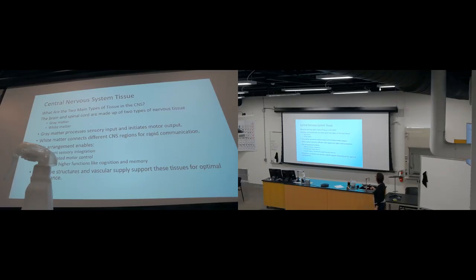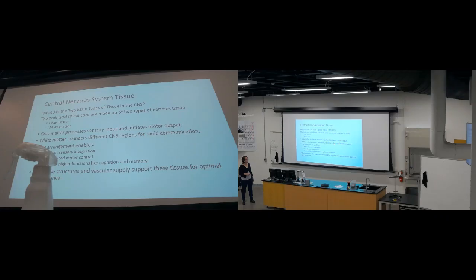So a function of the gray matter, because that's where you have the bodies of the neurons, is to process the sensory information and initiate a motor output. And then white matter, since it's going to have myelinated axons, is going to be in charge of delivering the information.